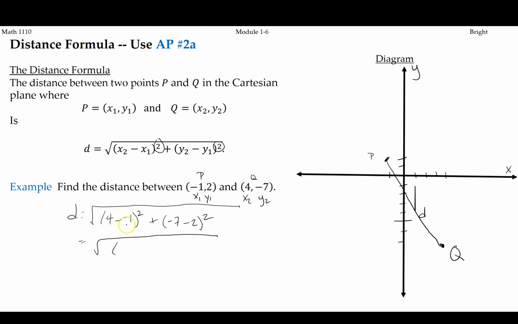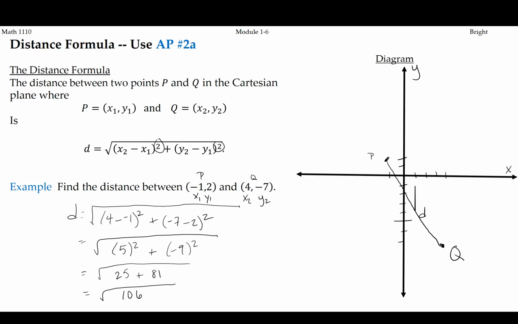Doing the math, order of operations: 4 minus a negative is 5 quantity squared, plus -7 minus 2 is -9 quantity squared. Working vertically, 5 squared is 25 plus 81, and if you add that, you get the square root of 106.